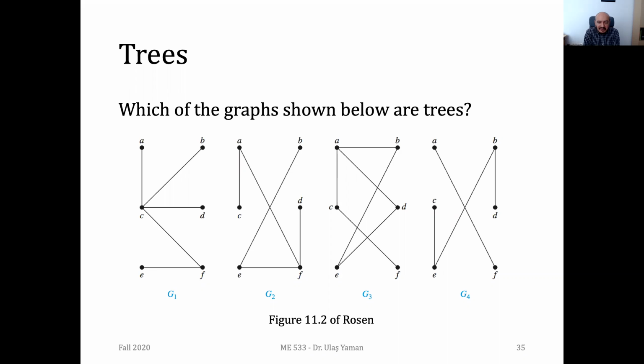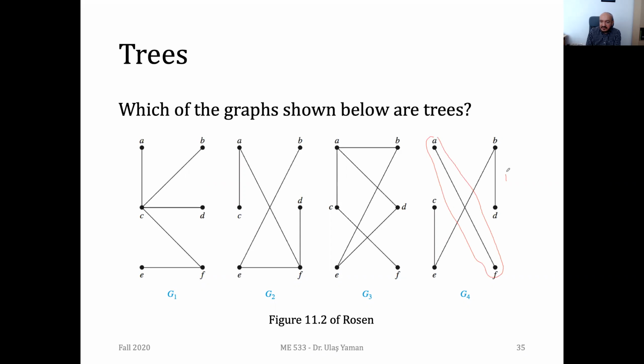So do you remember our definition? We said that it should be a connected graph first, and then it shouldn't have any circuits. So let's start from the last one. If you look at G4, this is unconnected. We don't have any connection between this part and the other region.